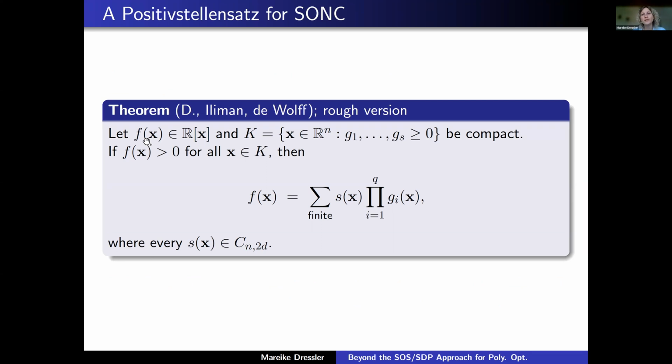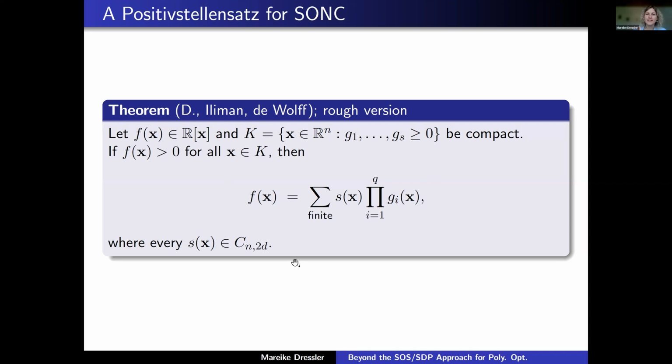So you have a polynomial, a compact constraint set. And then if you know that this polynomial is strictly positive for all x in K, then you have a specific algebraic representation given like so, namely as a finite sum of products of SONC polynomials and products of the constraints.